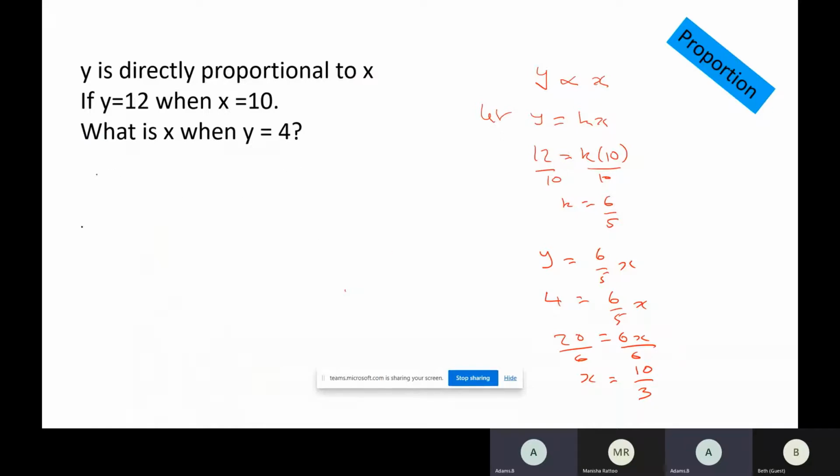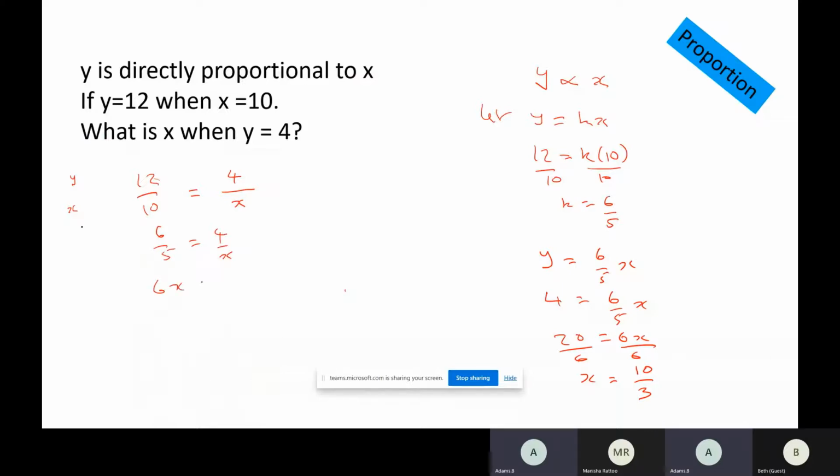If we use our simple method of before, and again, I get them in their margin just to put their y in x, just so that it doesn't matter which one's on top, which one's on the bottom, but 12 over 10 is equal to 4 over x. 6 over 5 is 4 over x.